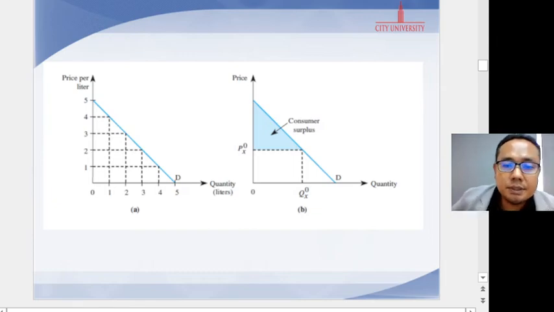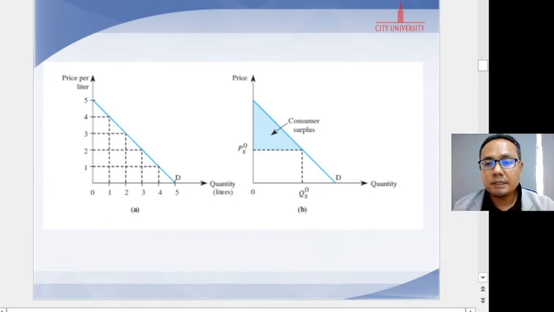Managers can use the notion of consumer surplus to determine the total amount consumers would be willing to pay for multi-unit packages. While this will be discussed in detail in another chapter, where we examine pricing strategy.